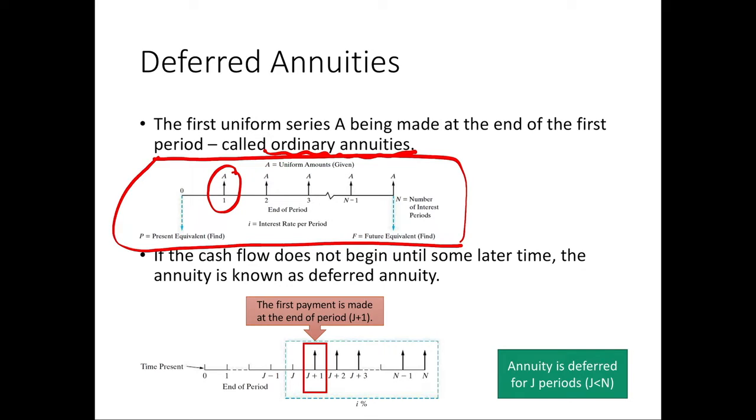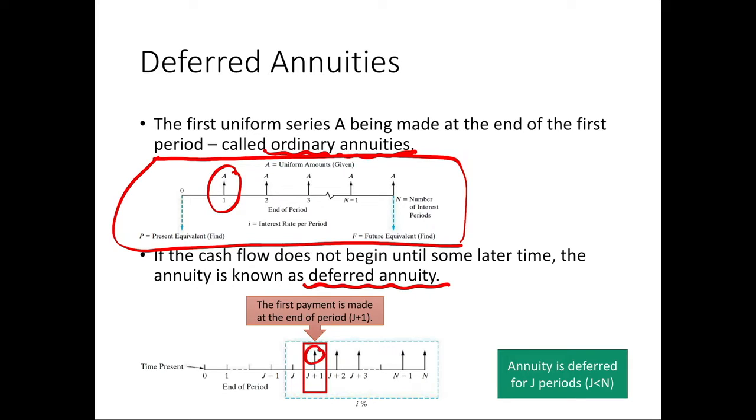But now we want to learn a new type of annuity problem, which is called deferred annuity, which means the first annuity itself started at the end of not the first period, but some later time. Because it's some later time, we say it's J plus 1 period.